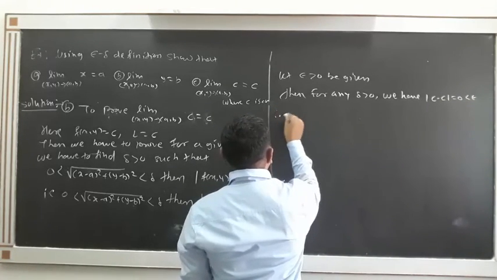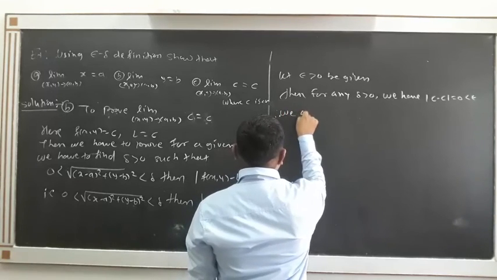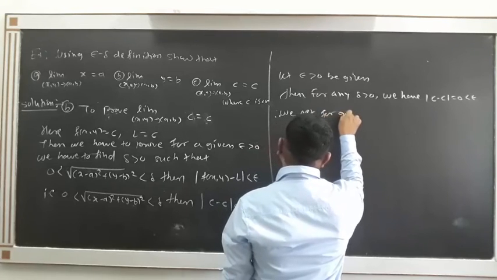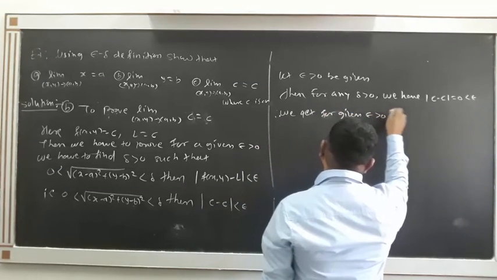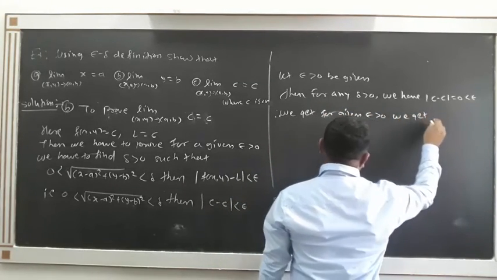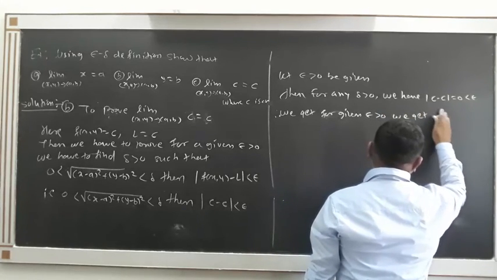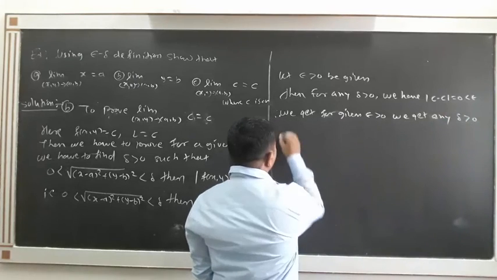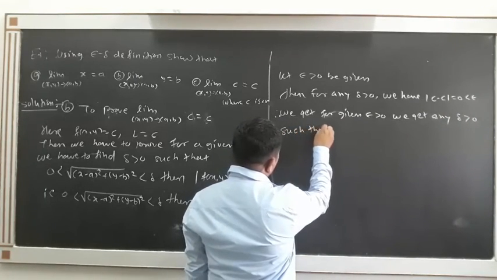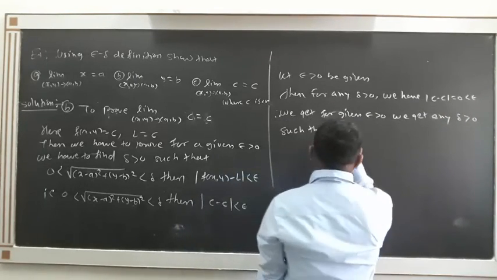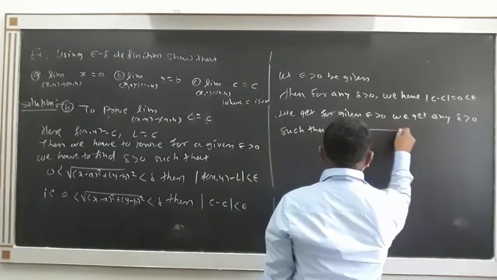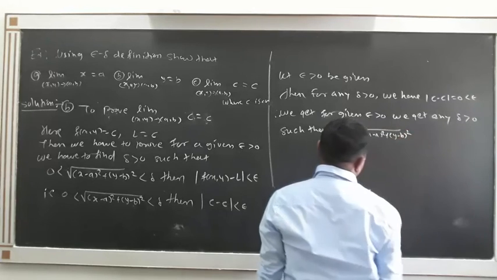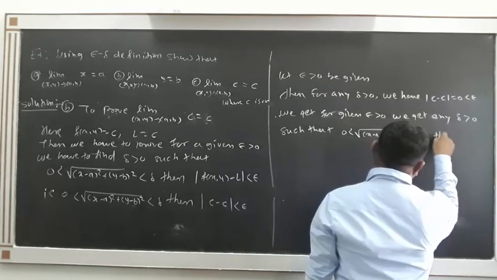Therefore, for a given epsilon greater than 0, we get a delta, any delta greater than 0, such that 0 is less than the square root of (x minus a) square plus (y minus b) square is less than delta.